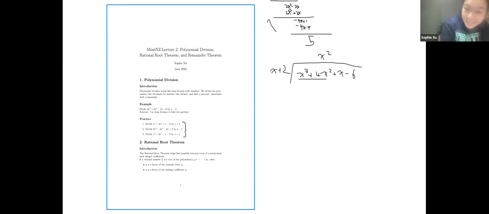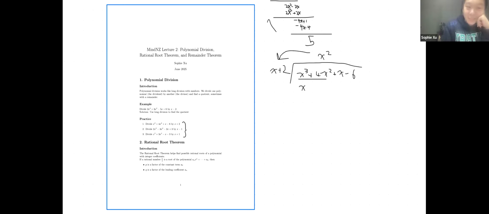Okay, so I first asked myself how many x plus 2 go into the first term over here. And then it's x squared. And then I multiply it like Sophie told us to, and you get x cubed plus 2x squared.